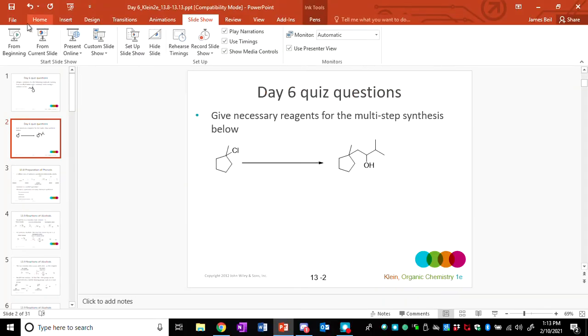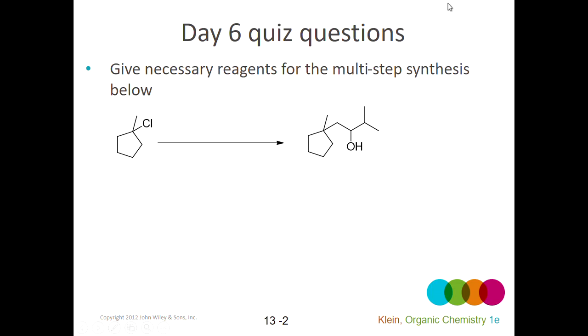So here's what we want to do with that. If you want your Grignard to end up connected 2 carbons away from an OH, the best move there is to use an epoxide.